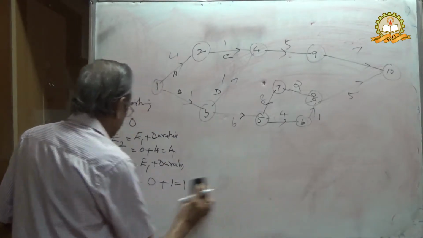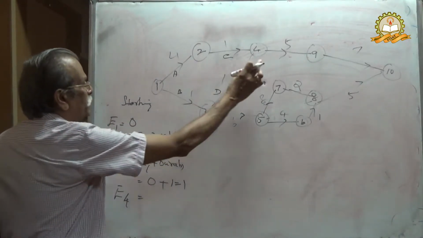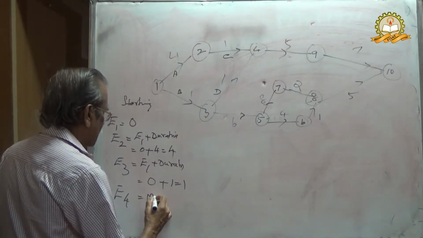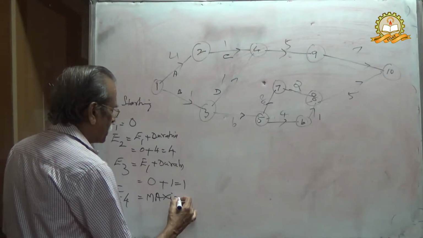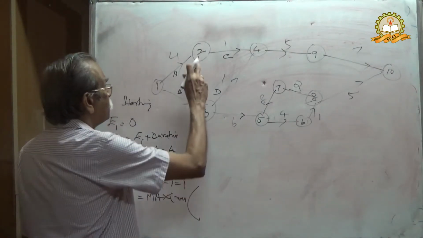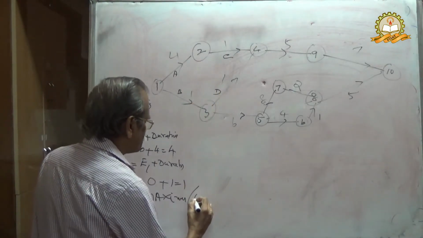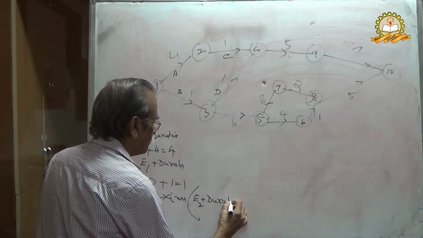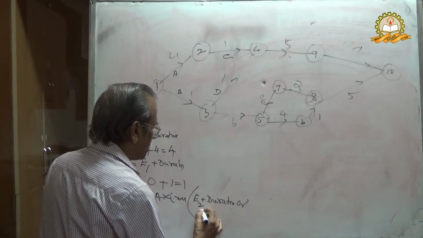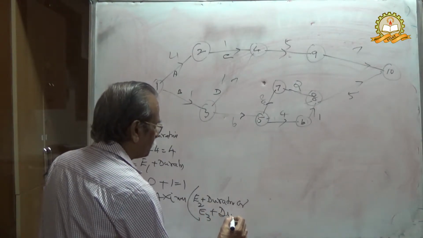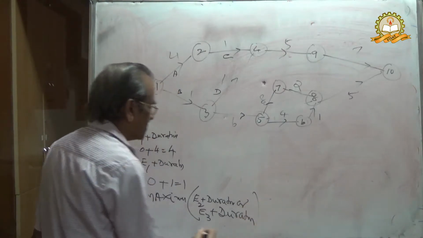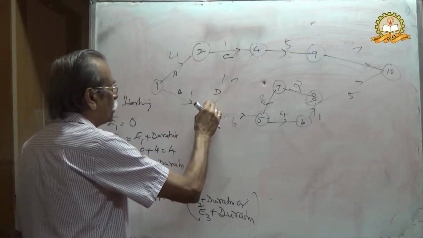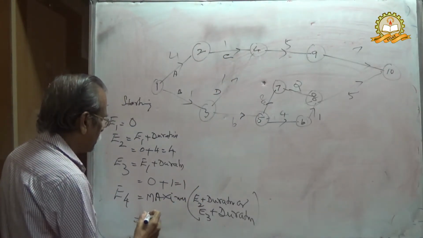E4 will normally be written as the maximum of E2 plus duration or E3 plus duration. Since 4 is a concurring point, E4 equals the maximum of E2 plus duration or E3 plus duration.